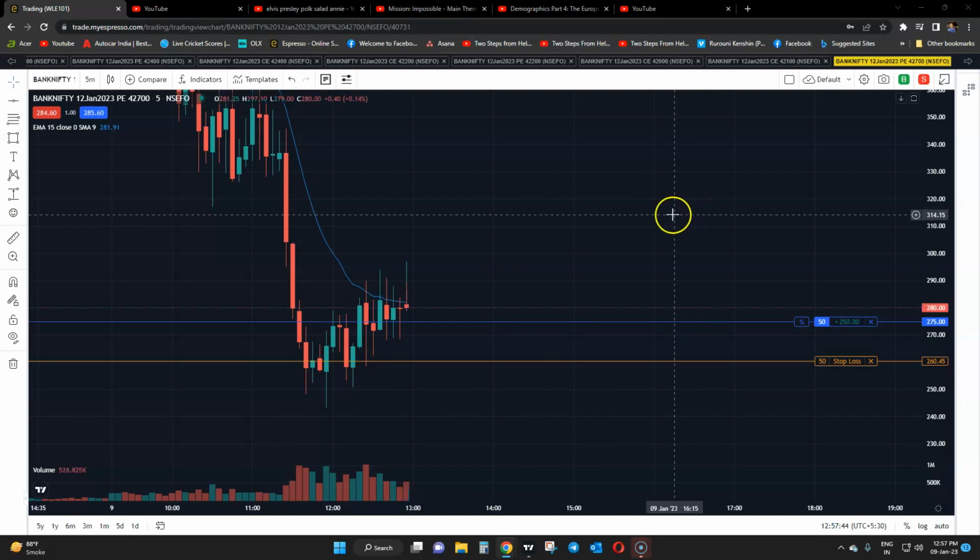It doesn't feel like you're trading a big contract. It feels like you're trading some small company contract. This is what happens when you're trading stupid contracts. But Bank Nifty, I think this is terrible.